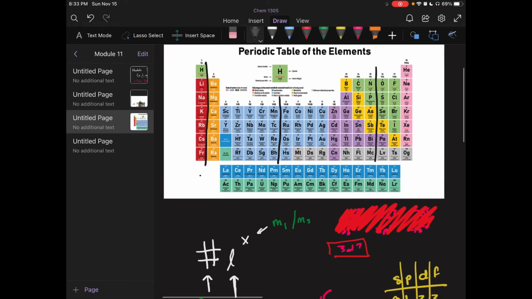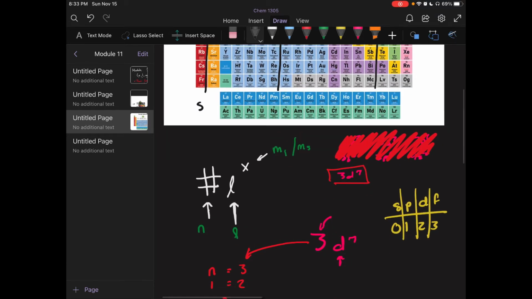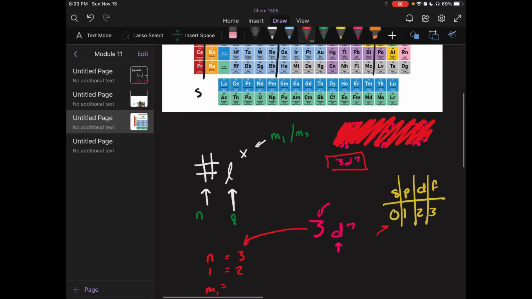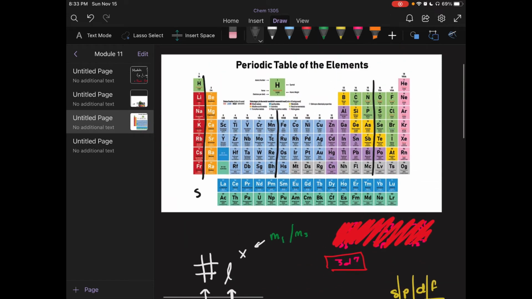Now remember, this is the S block, and the S block has an l value of 0. Remember that this l value causes the ml value to go from negative l to positive l. So this block goes from negative 0 to positive 0.